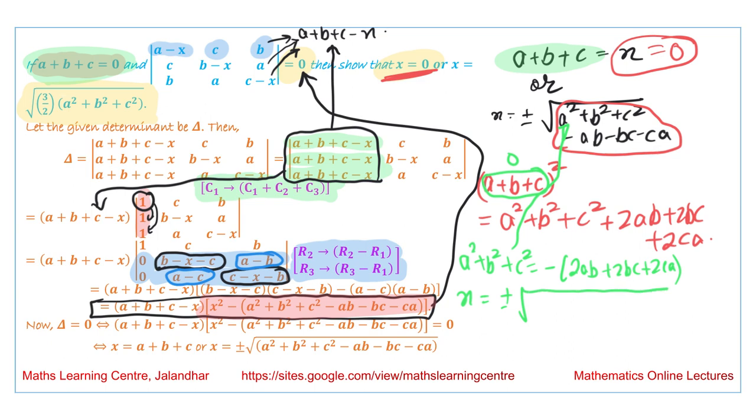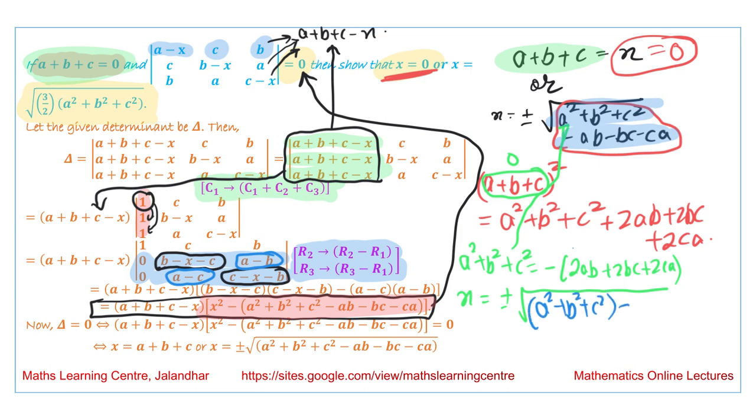the value of a square plus b square plus c square, we keep it as it is. This a square plus b square plus c square we have. Now we have minus of ab minus of bc minus of ca. So from this term we are writing it is a square plus b square plus c square.